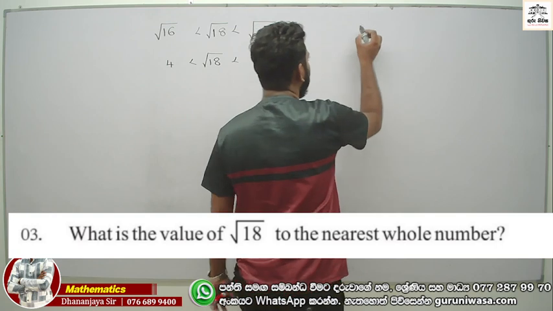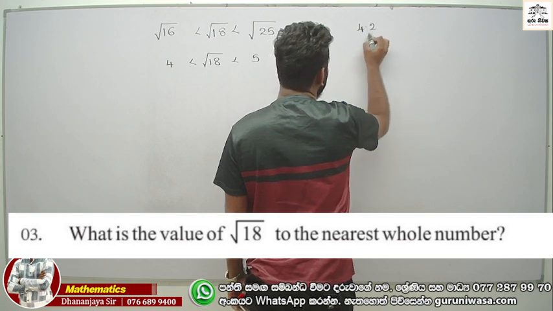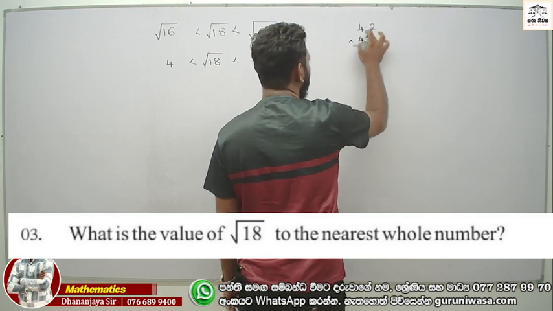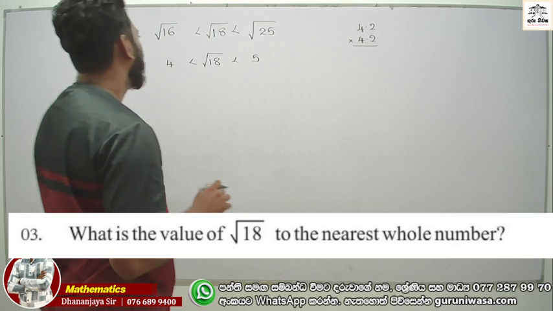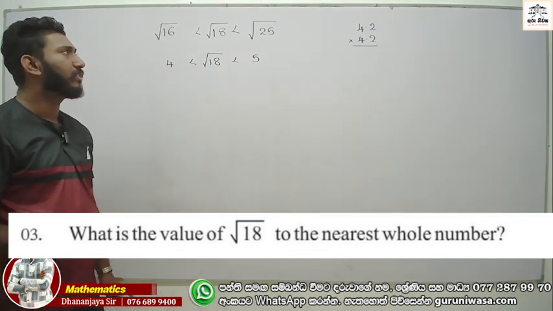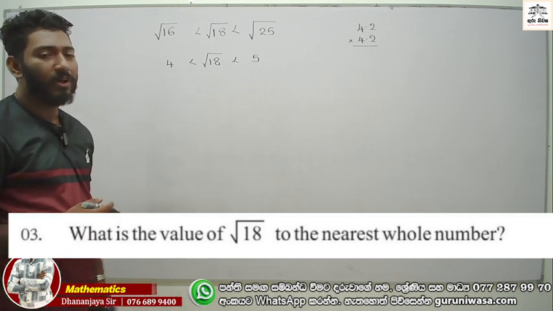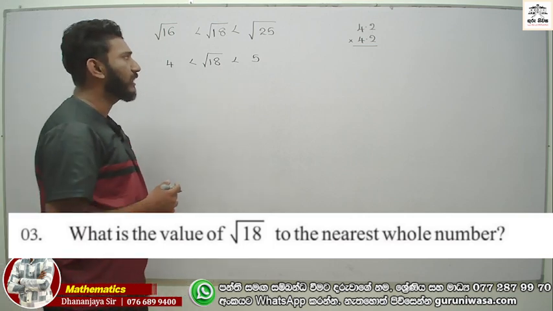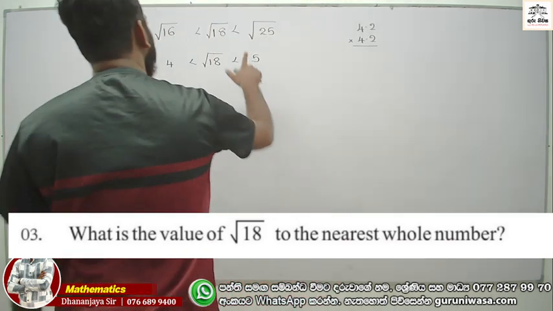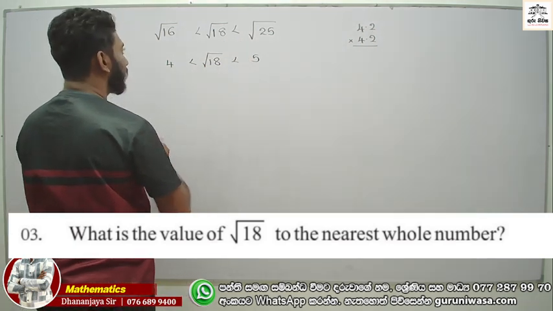Therefore, I'm going to check 4.1, 4.2, like this, right? Now 4.2 to the power of 2, right? Now the answer is 4 because it is approximately equal, right? 4.2 is approximately equal to 4. Therefore, the answer, to the nearest whole number, should be 4. It must be 4, right? It can't be 5 because the difference is 7. 18 to 25, its difference is 7.